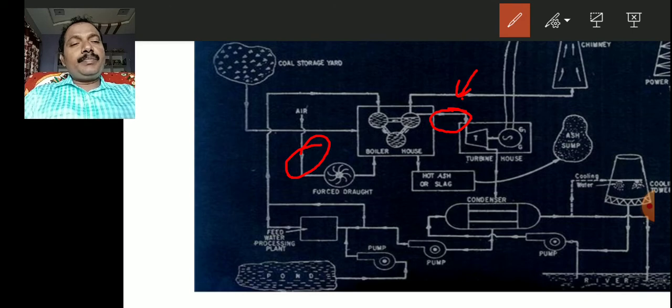This is the air preheater section. And the economizer is placed here.